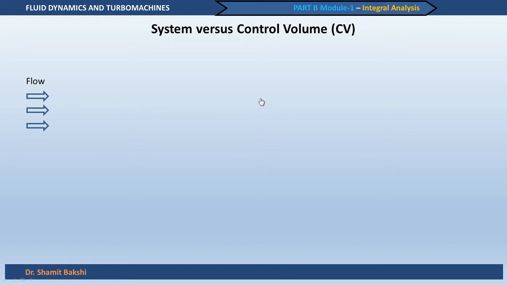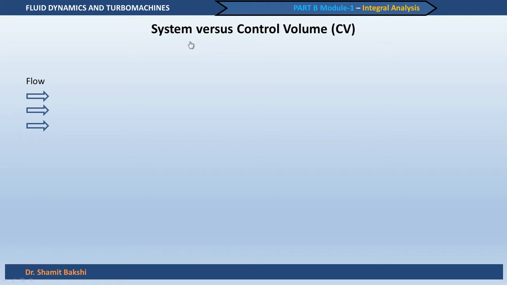We begin with the definition of the terms system versus control volume, because we will be doing this analysis for a control volume, and we already said that the integral analysis deals with a finite size control volume. So, what do we actually mean by control volume? For this we also bring in the context of a system. So, let us see what a system is and what a control volume is.